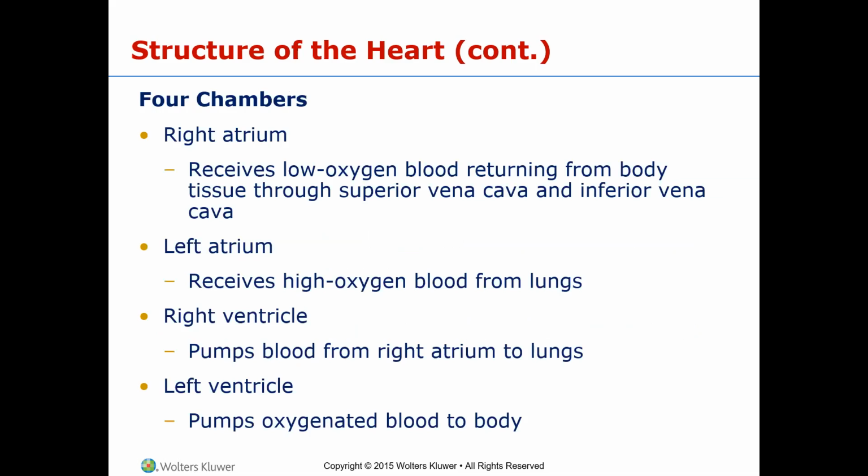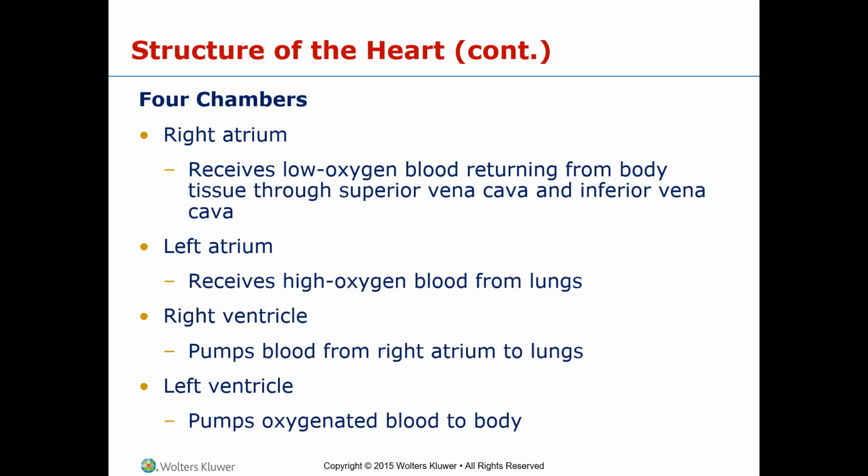The right atrium is going to receive that deoxygenated blood that's returning from the body through the superior vena cava, which is draining the head, the neck, and the arms, and the inferior vena cava, which is receiving blood from the trunk of the body and the lower limbs.